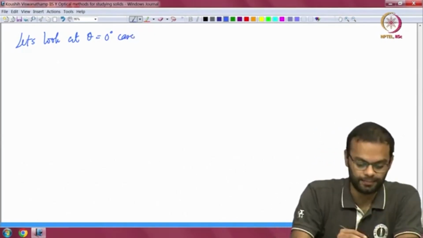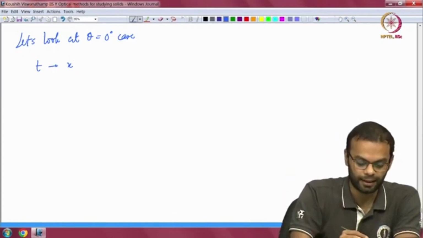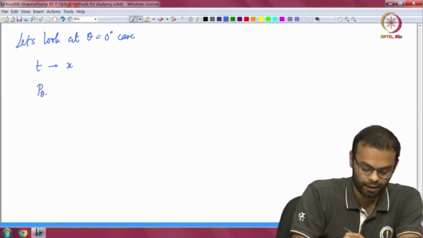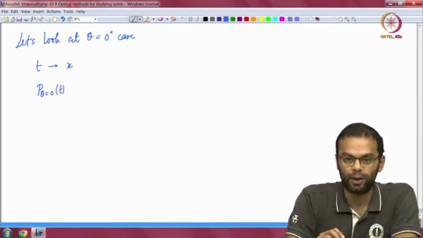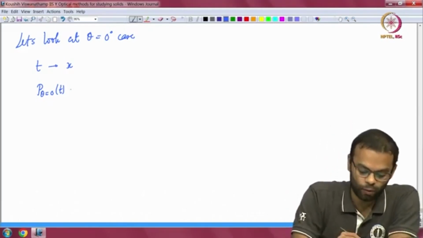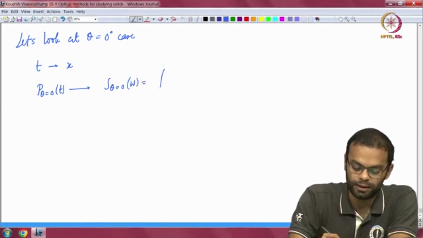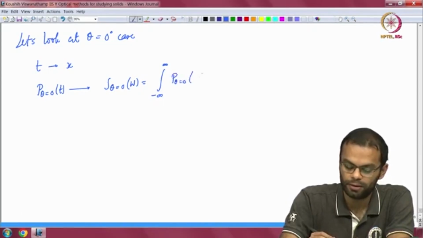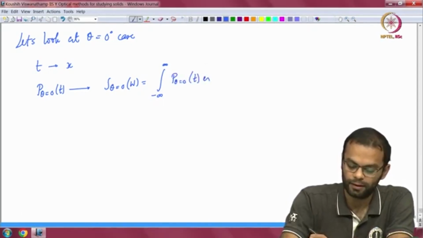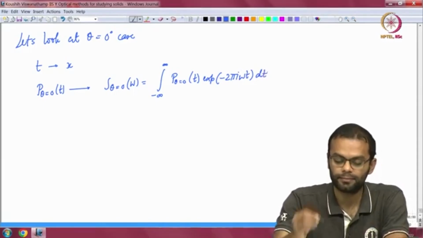Okay. What happens here is, of course, t is the same as x coordinate, and so p theta equal to 0. Remember, we said this was for a fixed value of theta, right. You are taking a 1D Fourier transform for a fixed value of theta. So, we will transform this. So, you will get s theta equal to 0 of w is integral minus infinity to plus infinity p theta equal to 0 of t exponential of minus 2 pi i w t dt.